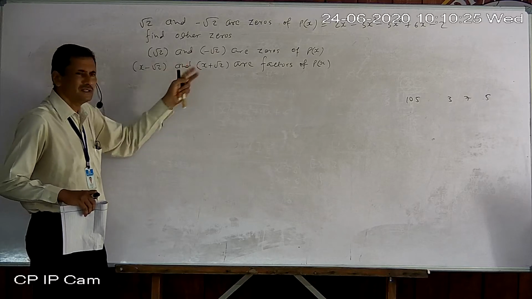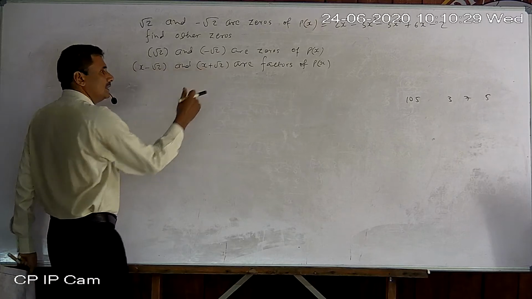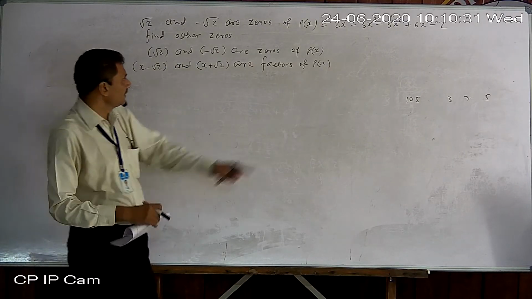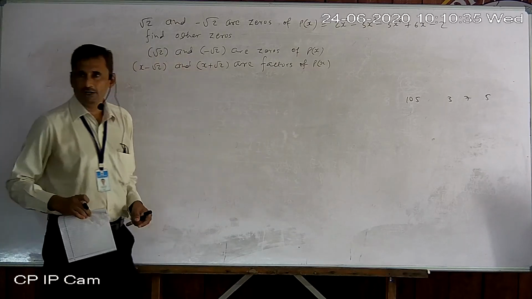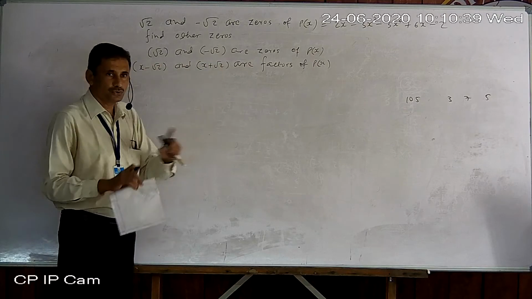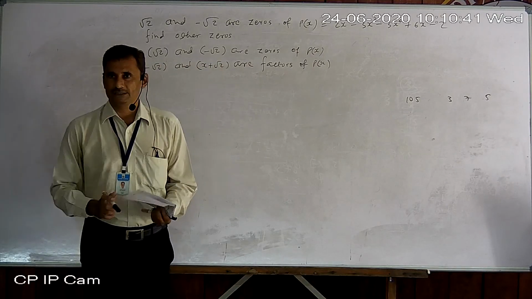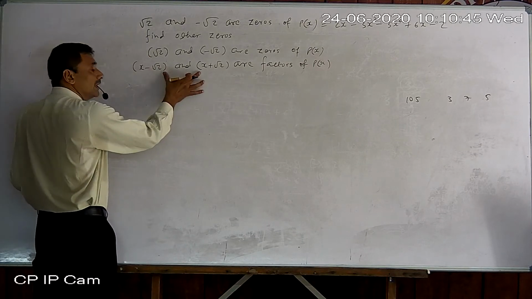So mostly they are co-prime. So the product of both will also be a factor of P of x. So no need to divide twice. Just divide once only, by multiplying them.